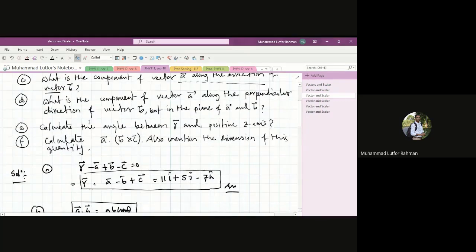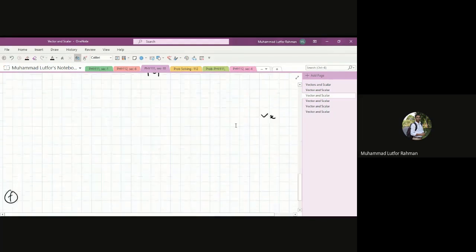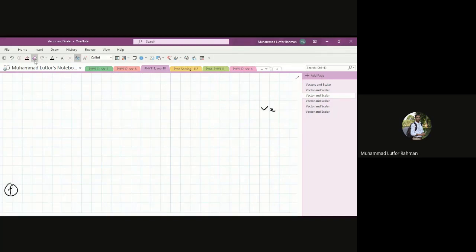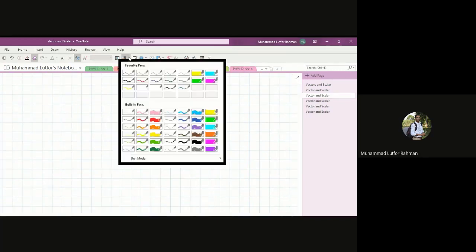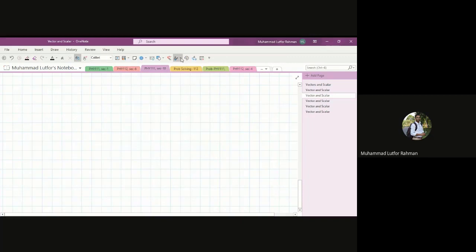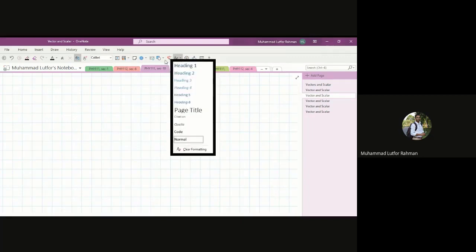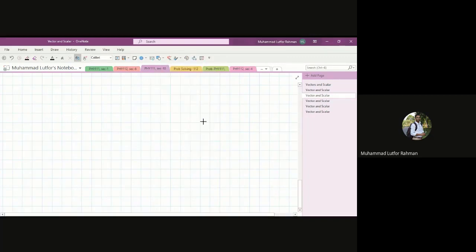Now we say calculate the angle between the vector R and the positive Z axis. Now for this one, I'm going to draw that vector. It's a rough sketch I'm going to do so that you understand.